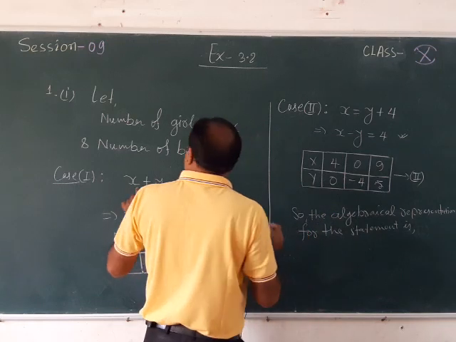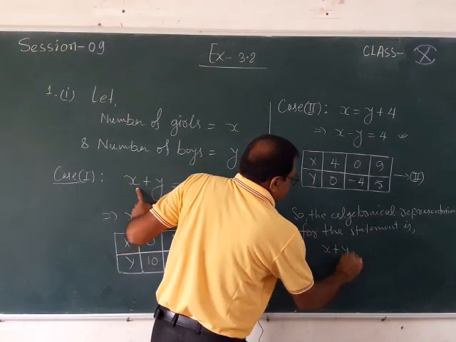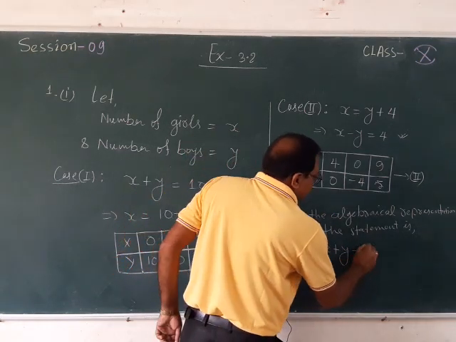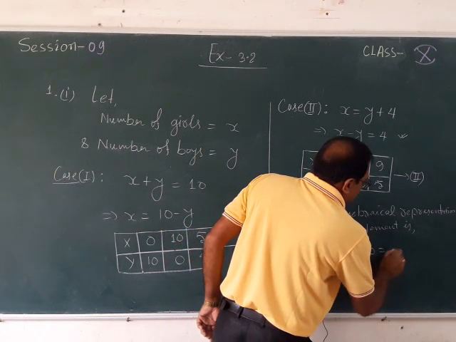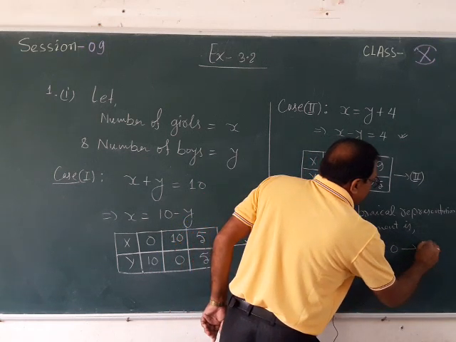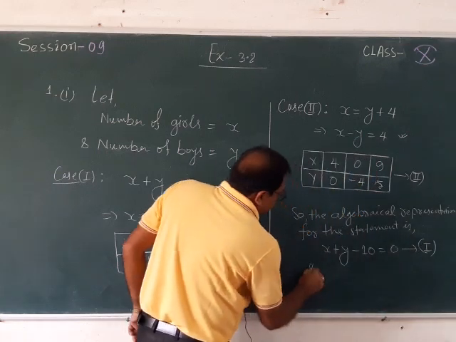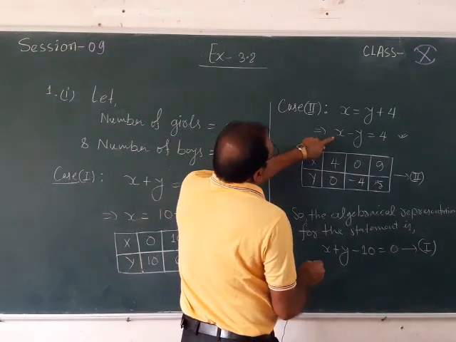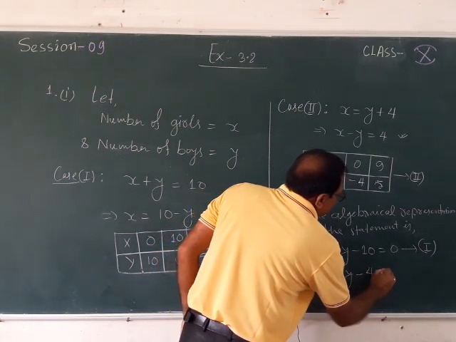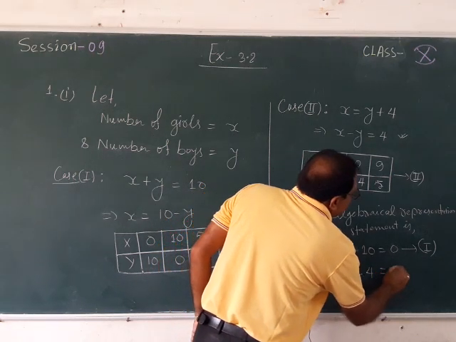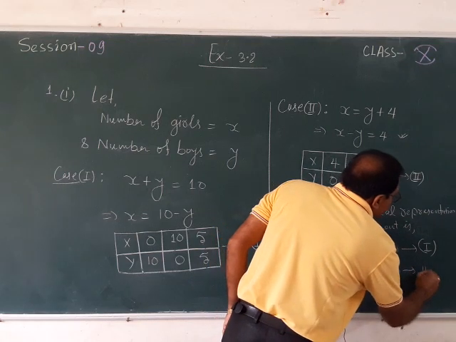The first equation is what? x plus y minus 10 equal to 0. This is your first equation, and the second equation is x minus y minus 4 equal to 0. So this is your second equation.